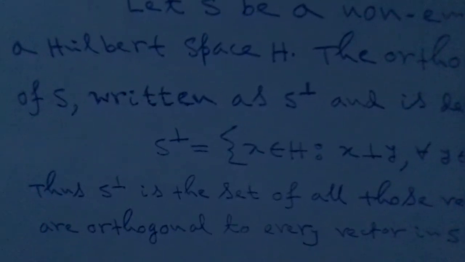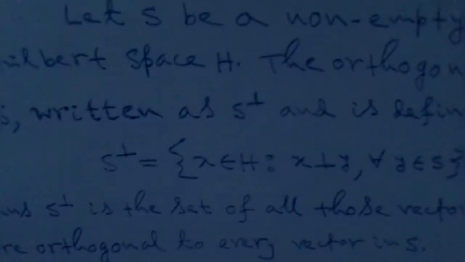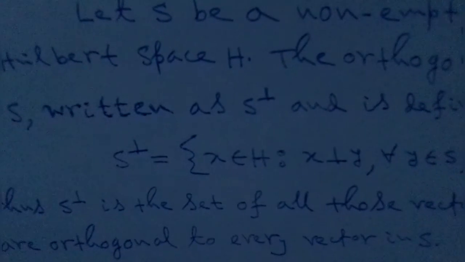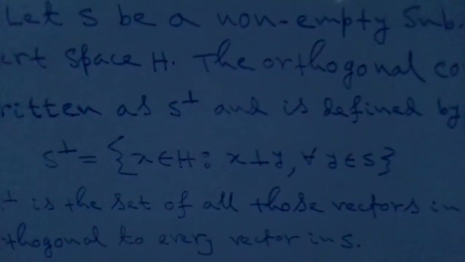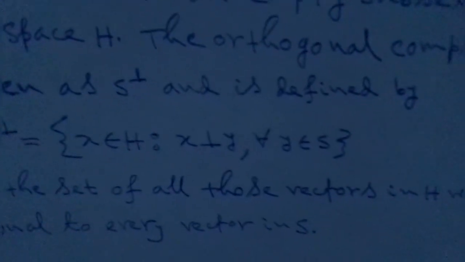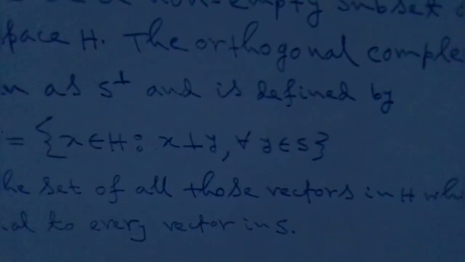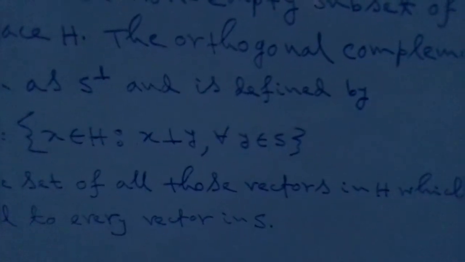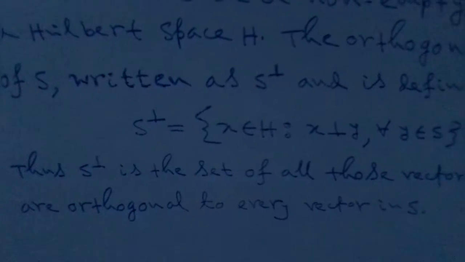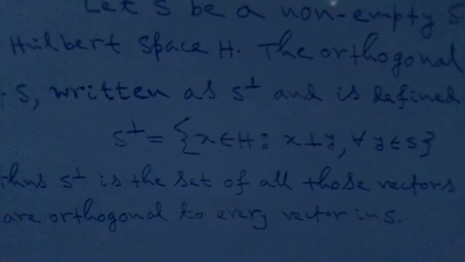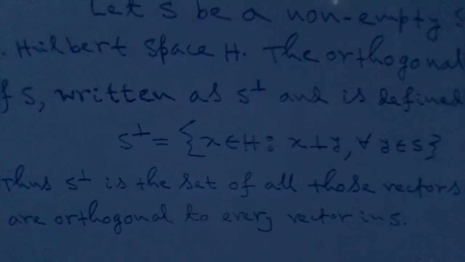And thus S perpendicular is the set of all those vectors in H, that is, vectors in Hilbert space H, which are orthogonal to every vector in S. This is very much important.